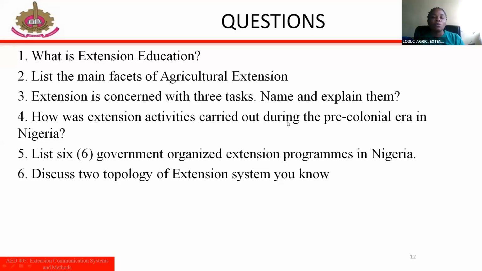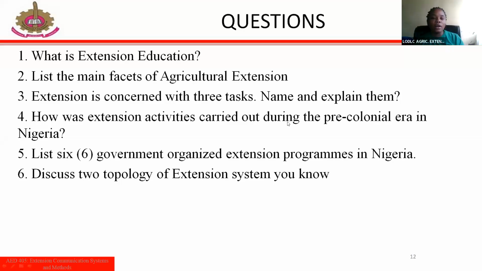I have received some messages via the chat box. Oladimeji Victor answered question 6, which talks about the typology of extension, mentioning the community-based and the top-down approach. Awoleke Boluwatife picked question 2: the Agriculture Extension Service offers technical advice to farmers and also supplies them with necessary inputs and services to support their agricultural production.